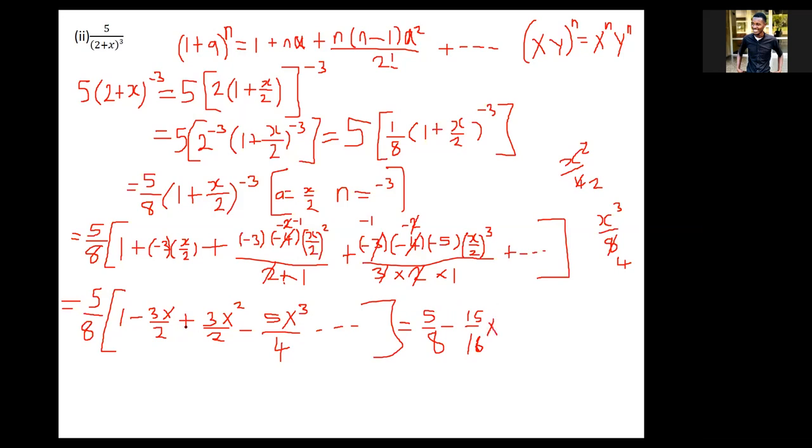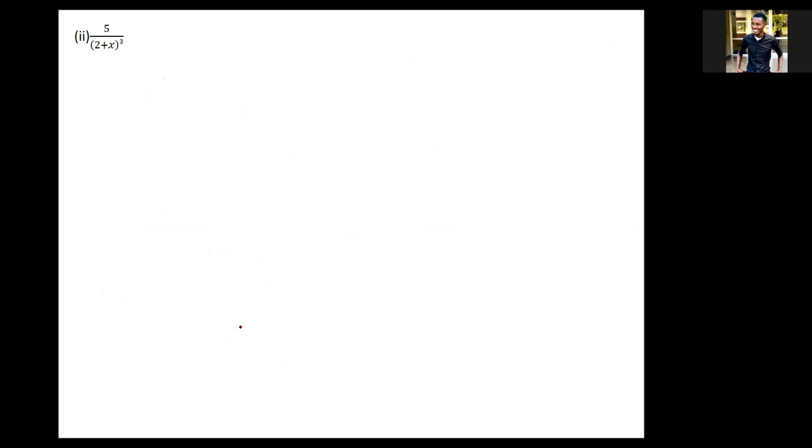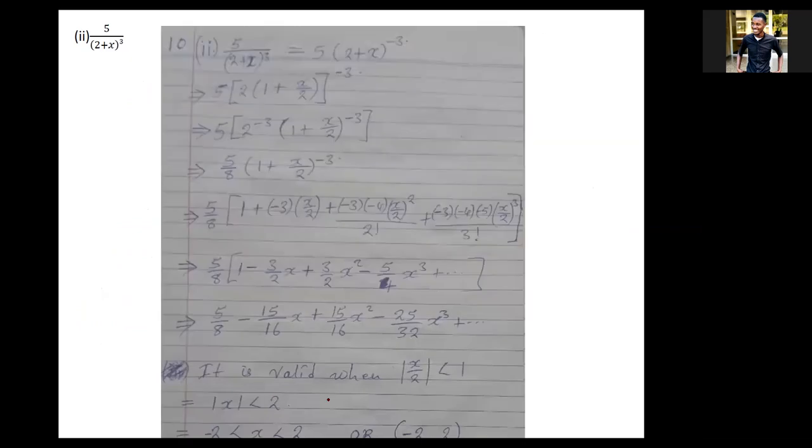So this is how you do it. You keep on multiplying. After multiplying everything, you're going to have your answer as this: 5 over 8 minus 15 over 16 x plus 15 over 16 x squared, and then minus 25 over 32 x to the power 3. So this is going to be your answer.